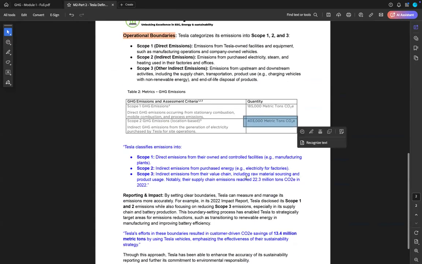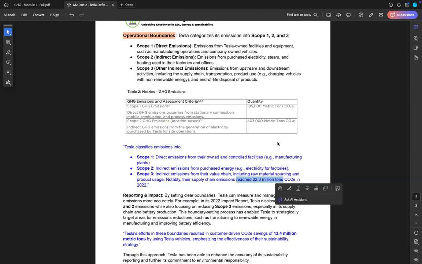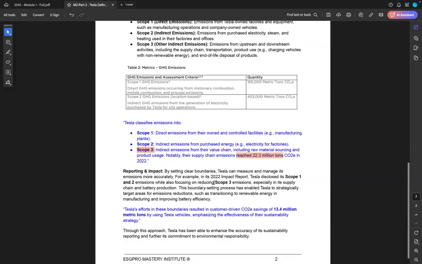And at last, through these efforts, Tesla's boundary approach resulted in customer-driven CO2 savings of around 13.4 million metric tons.